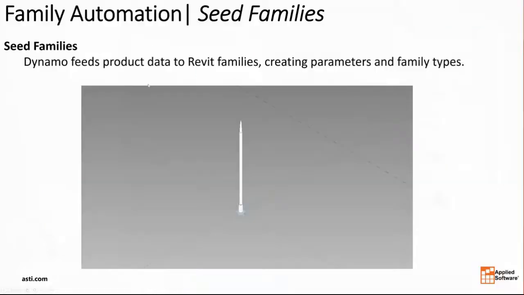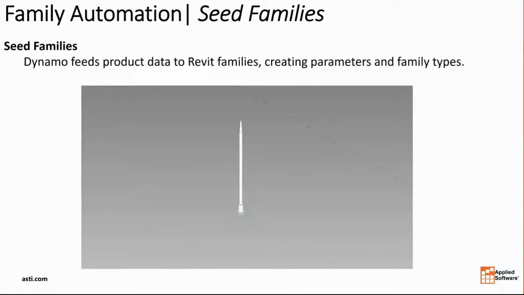It basically worked by doing this. We built a series of seed families that could receive specific parameter data. And using this automation tool, we were able to create additional parameters and new family types based on that product data, and then in those family types, fill them with the respective product data.